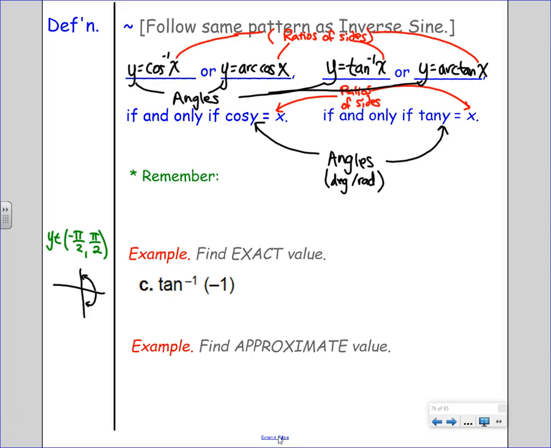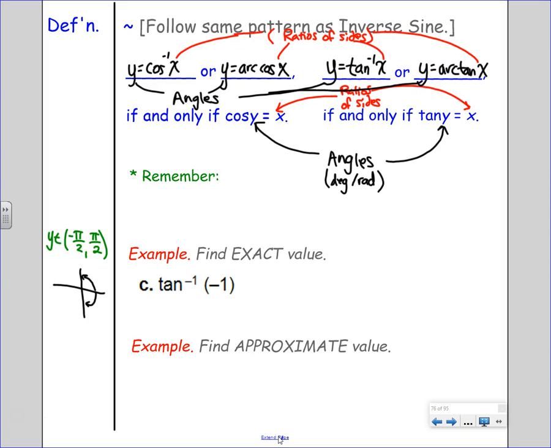And we're looking for when tangent is -1. We don't see the tangent on the unit circle. We only see x's and y's. Help out cheat chart people. Tangent will always be 1 or -1 at 45s. So what 45 do I want? The first quadrant one, where tangent is positive, or the fourth quadrant one, where tangent is negative?